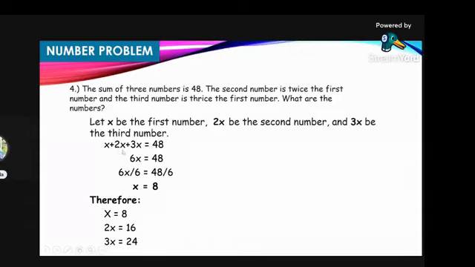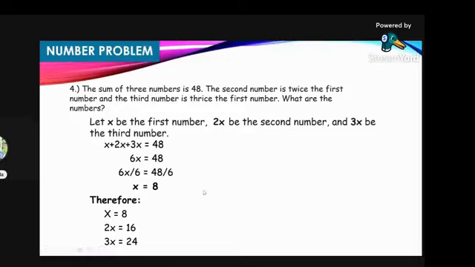Combining like terms, x plus 2x plus 3x is 6x is equal to 48. Next, divide both sides by 6. So cancel out. And equal to 48 divided by 6 is 8. So therefore, lang po yung 8, yung first number pa lang po natin. Yung hinahanap ay numbers.